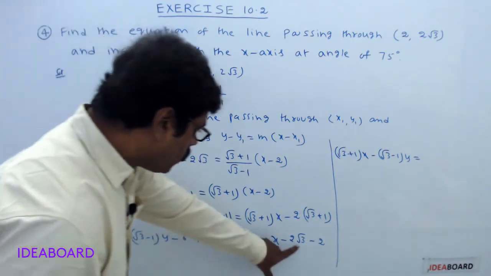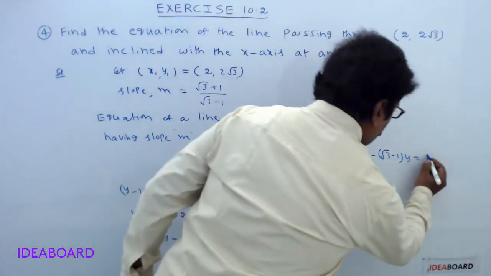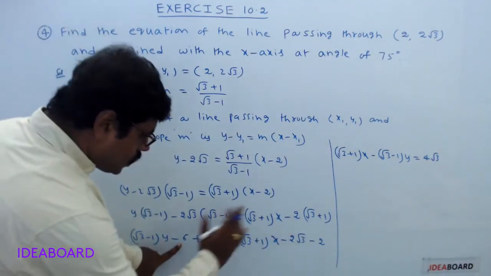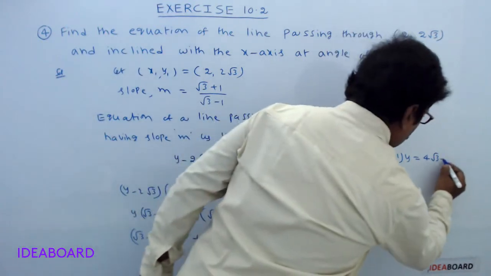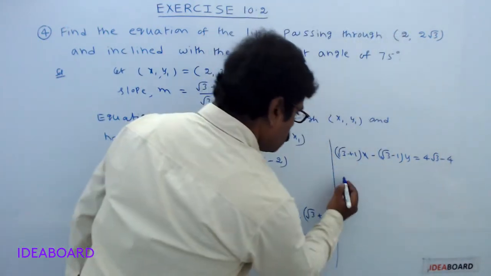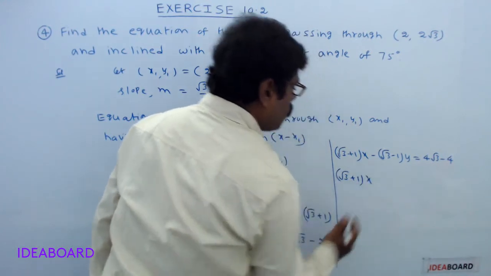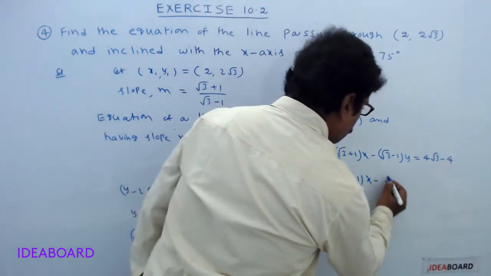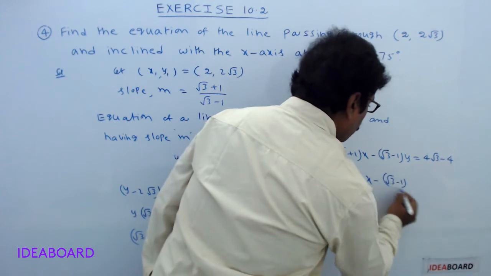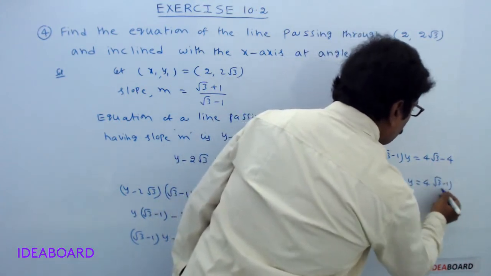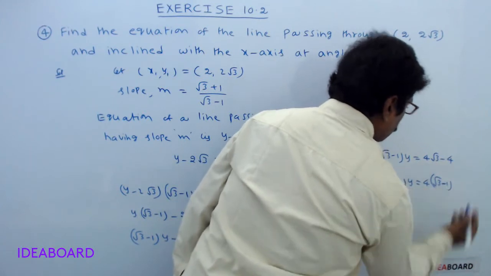So 2 root 3 plus 2 root 3 will be 4 root 3, minus 6 plus 2, that is nothing but minus 4. So therefore the required equation of the line is (root 3 plus 1) into x minus (root 3 minus 1) into y equals 4 into (root 3 minus 1).